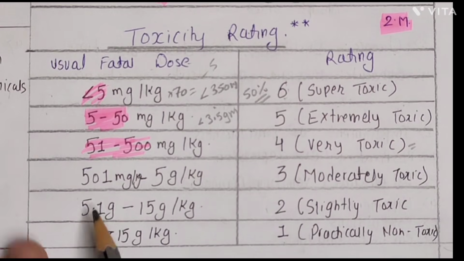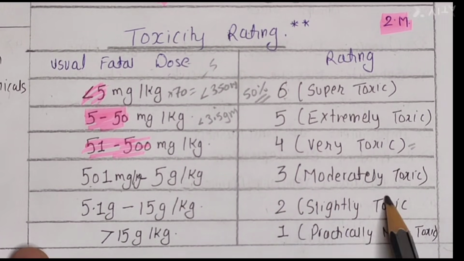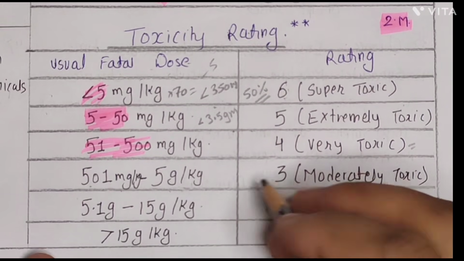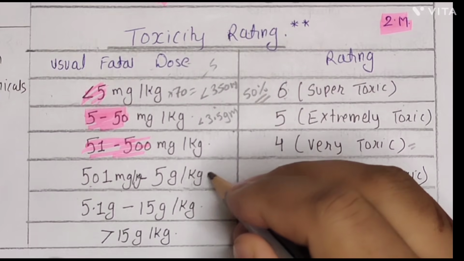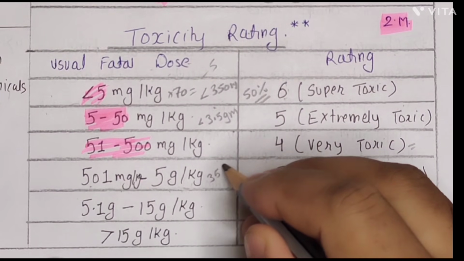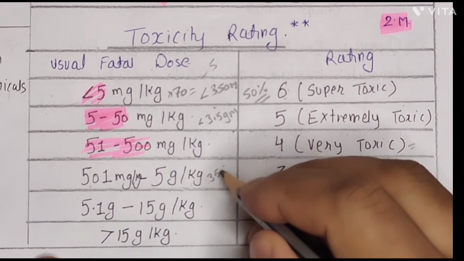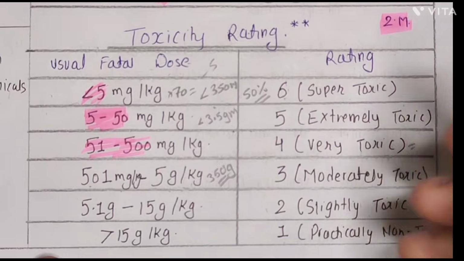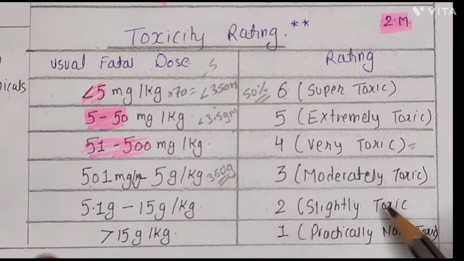Then similarly 501 mg to 5 gram per kg, these are moderately toxic. 5 gram per kg, if I calculate in my body weight, then I have to take a very large dose, around 350 gram. If I have to take something at 350 gram to get a fatality effect, then those are known as moderately toxic substances.